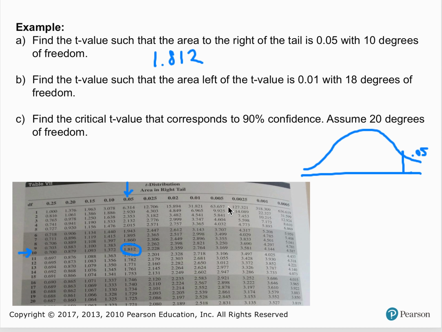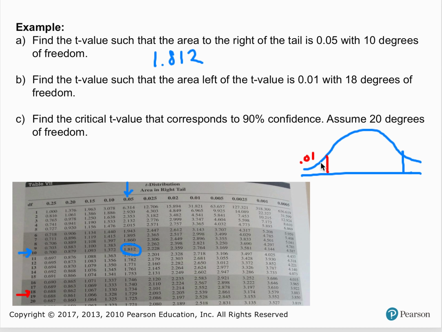Find the t-value such that the area left of the t-value is 0.01 with 18 degrees of freedom. All right, so I know I'm going to be looking right there, 18 degrees of freedom. But this time it says that the left is 0.01.